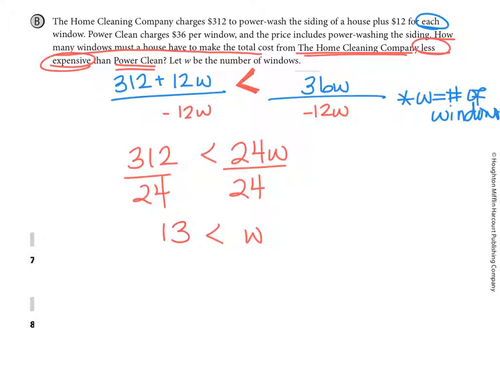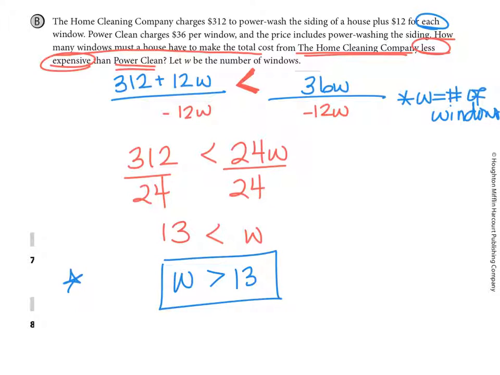So when I do that, it reads W is greater than 13. Notice that you have to read it backwards so the symbol turns around. So you need to probably put a star in your notes that you must flip so that the variable is on the left. I would write that down. You must flip so that the variable is on the left.